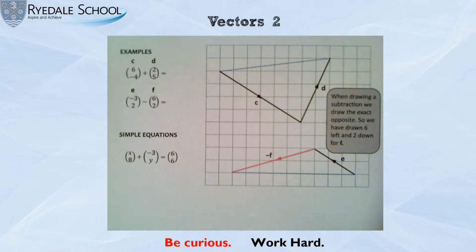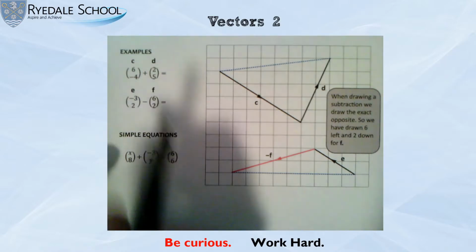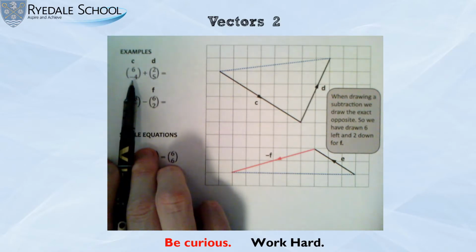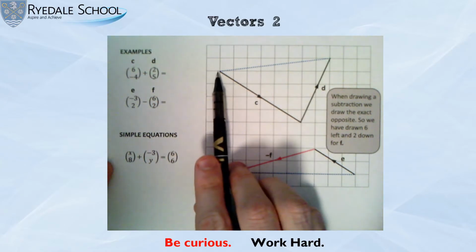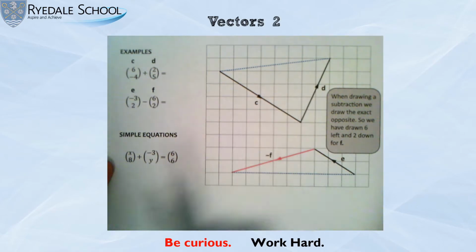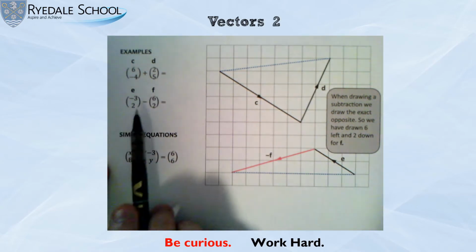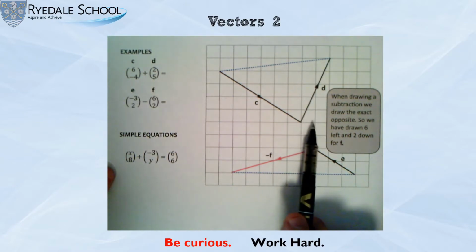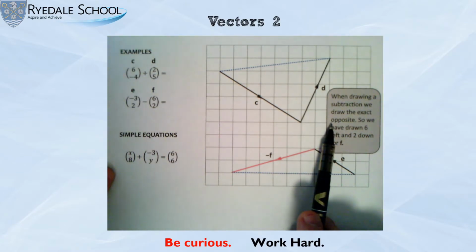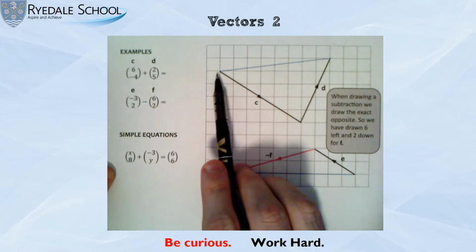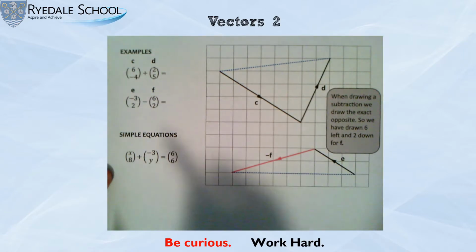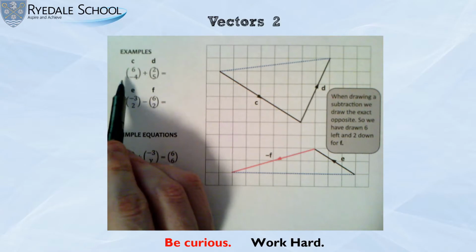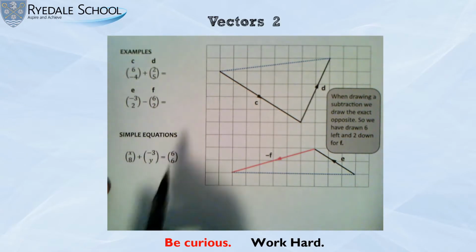So here are two more similar questions. We're going to do another addition first. So I've got C as 6, negative 4. So you can see I've represented C by 6 to the right and 4 down. And we're going to add D, which is 2, 5. And you can see for D, I've gone across to the right 2 and up 5. And I've drawn in my resultant here. Okay, well, let's do the addition of the vectors first and then see if the diagram agrees.